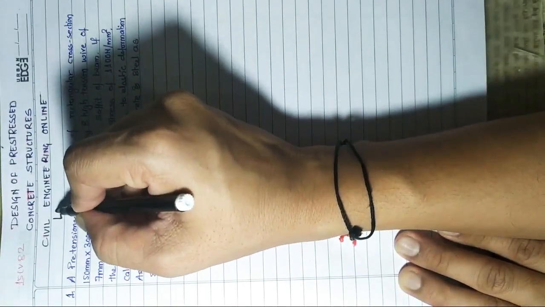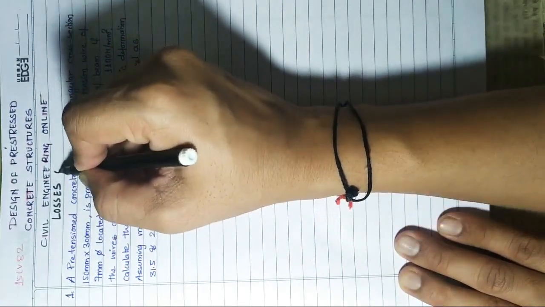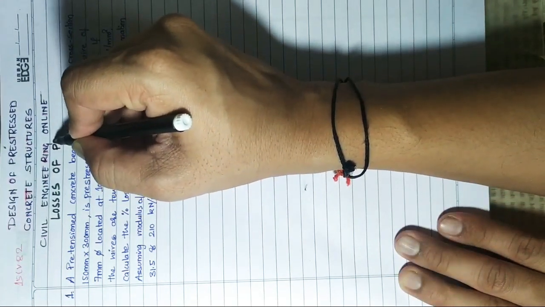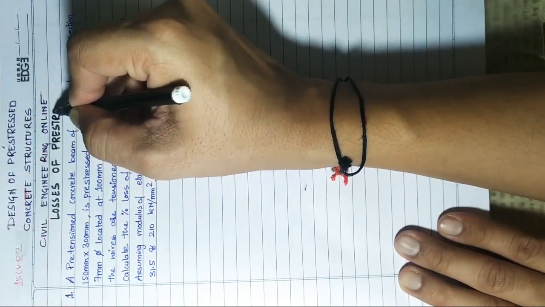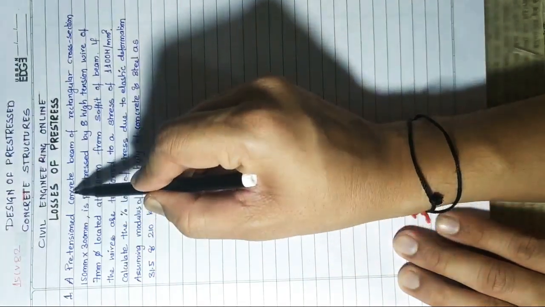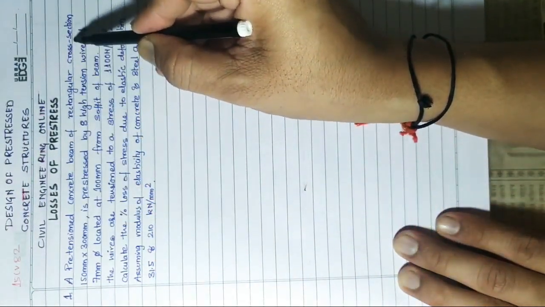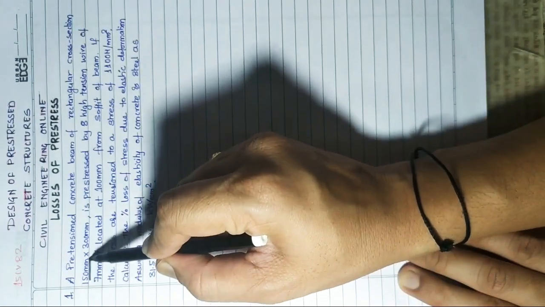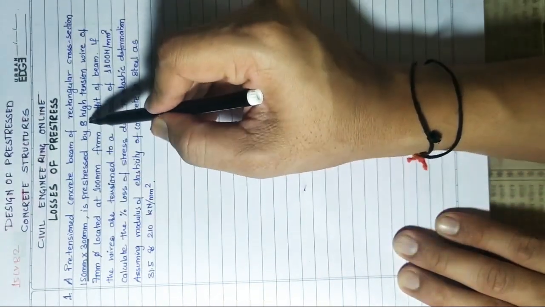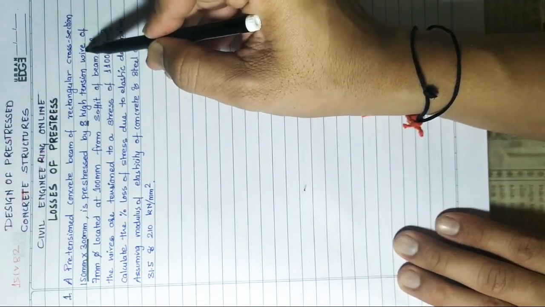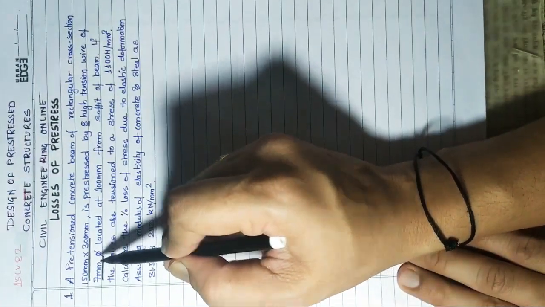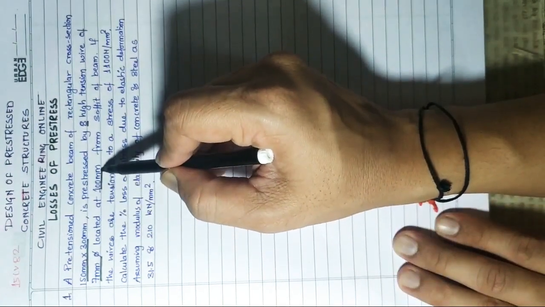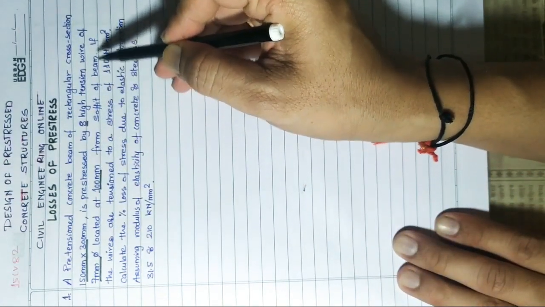So these losses of pre-stress is the topic wherein the problems related to losses of pre-stress will be dealt in today's video. The first problem says, a pre-tensioned concrete beam of rectangular cross section 150 mm by 300 mm is pre-stressed by 8 high tension wires of 7 mm diameter located at 100 mm from the soffit of the beam.